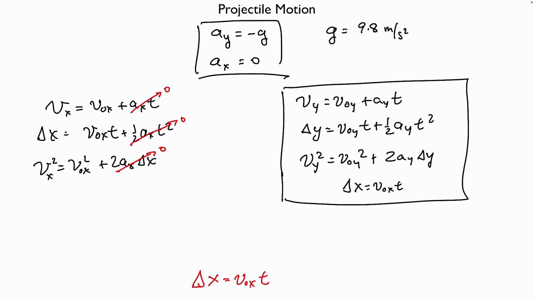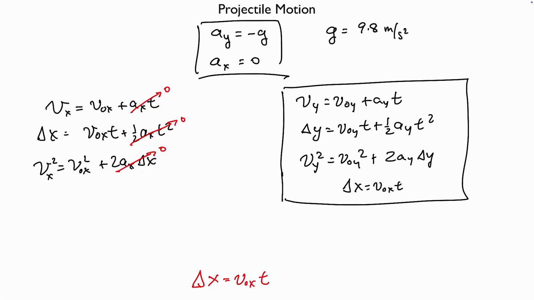Those of you that have been looking at the book, good job, may have noticed that they write them down differently in this chapter. In fact, I think they write the second one, I'd have to go back and check. Apparently, I have not read the book. They'll write delta y, or they might write y equals y naught plus something.